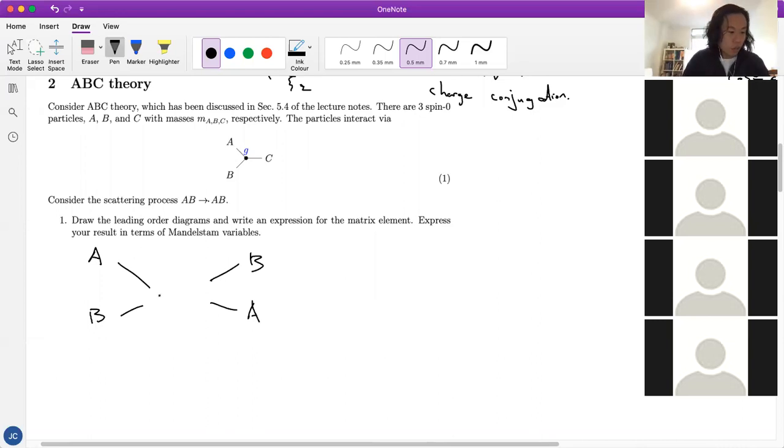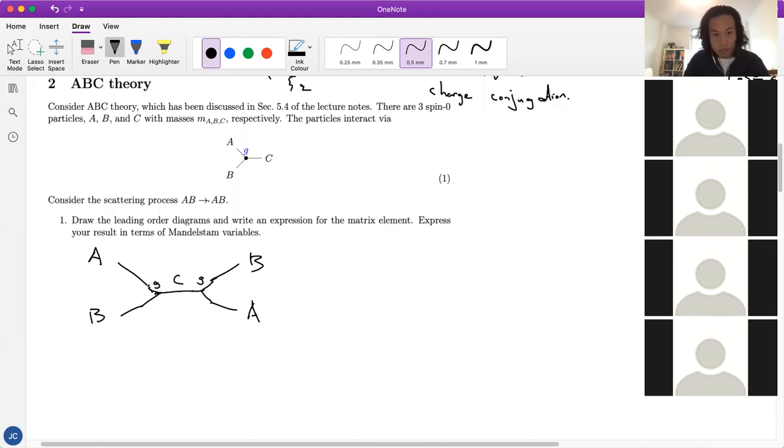So the only way to make this happen is to use this vertex somehow. And there's only two ways if you think about it. One way is to connect it here, with a particle C as a propagator in between, and then it couples again to AB. So you have one factor g here and one factor g here.